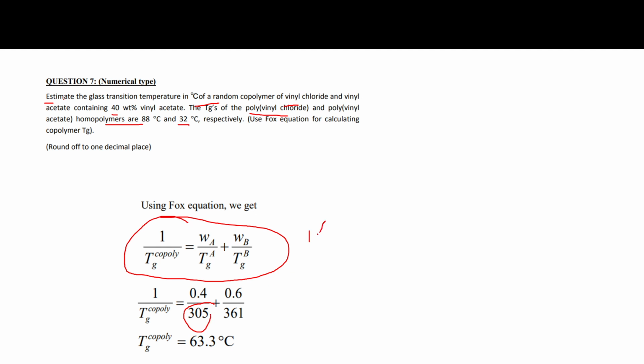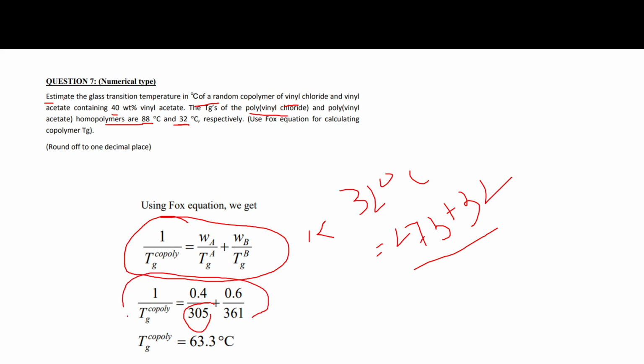Here the Tg is given at 88 degrees centigrade and 32 degrees centigrade. If you convert 32 degrees centigrade into Kelvin, it will be 273 plus 32, which becomes 305 Kelvin. In the Fox equation, you always have to put the temperature in Kelvin.